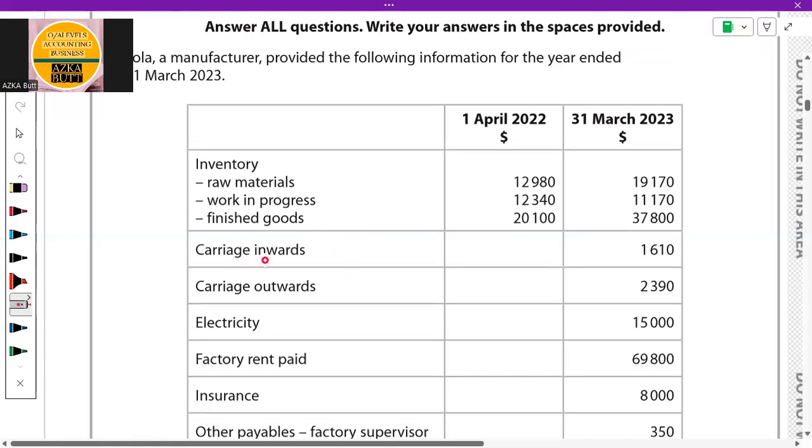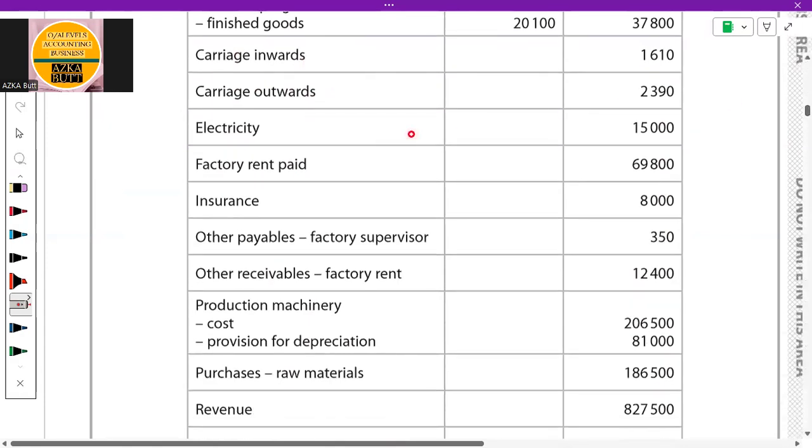After that, we have carriage inwards, carriage outwards, and electricity bills, and factory rent paid, which is also an overhead expense for the factory. We have insurance and other payables, which include the factory supervisor salary, 350. Other receivables is factory rent, a prepaid expense of 12,400.